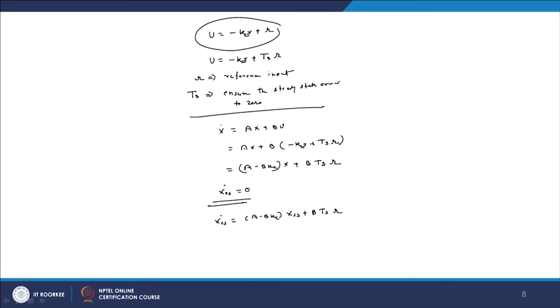Now, our main requirement is that at steady state this is equal to 0. So, this equation can be written as A minus B into Kc times xss plus B into Ts into R. Now we have to solve this equation and see the result.